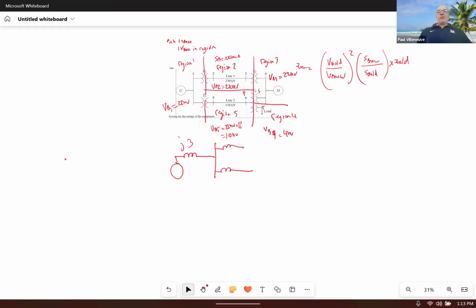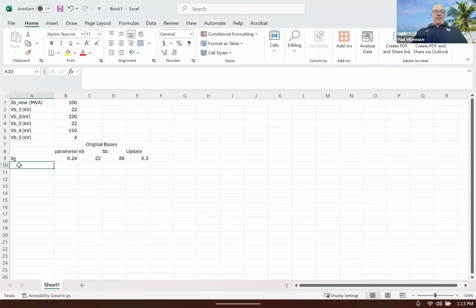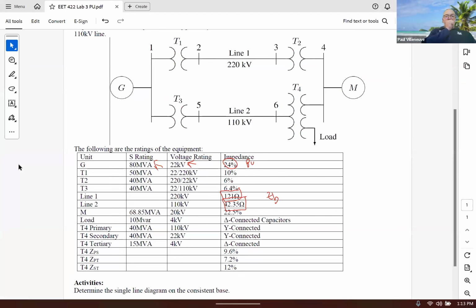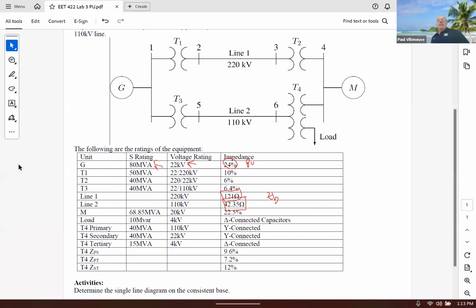So do you want to do T1 or T5, or do you care? T1? All right, so we'll go XT1. The original parameter is 10%. Now, the voltage, my V base, should it be 22 kV or 220 kV?